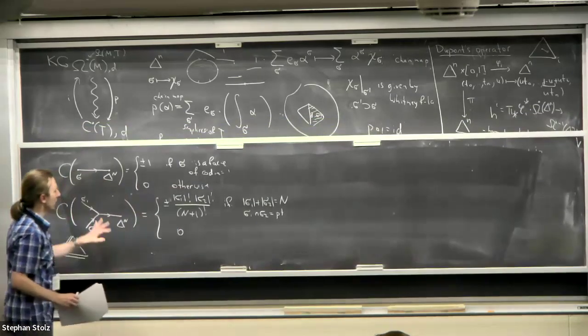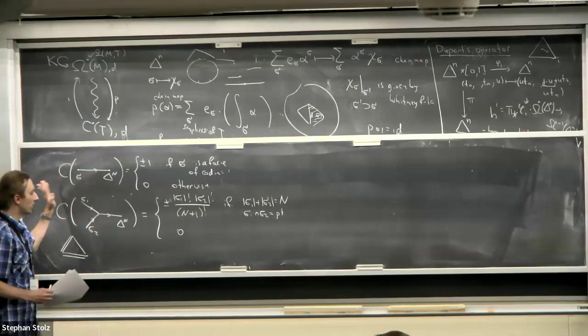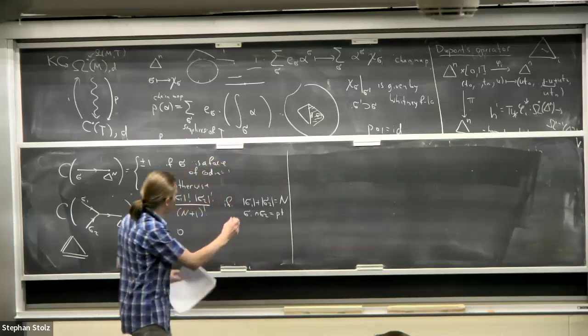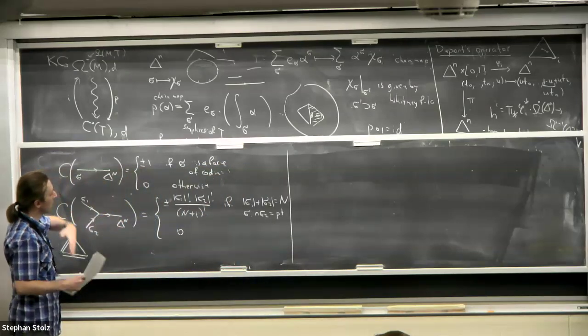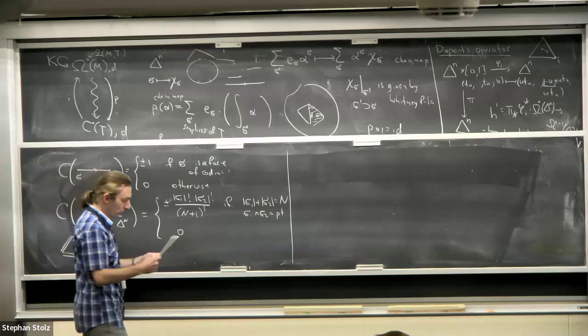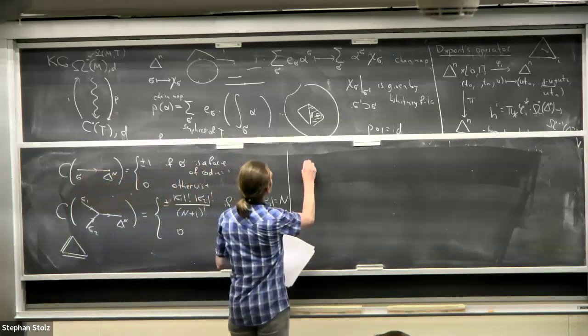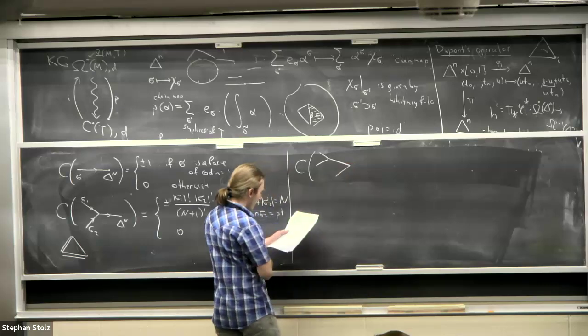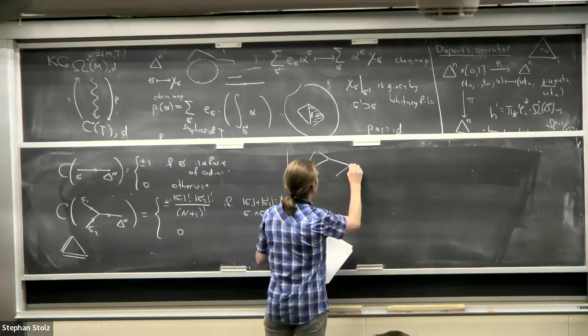This is a computation which is not very complicated, and the computations become more complicated if you have internal edges, because then you need to start using the Dupont's chain homotopy, but these computations can still be performed.